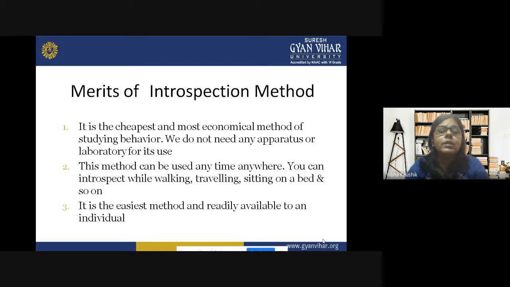It is the easiest method and readily available to an individual. It is the easiest way to study your own behavior, and it is readily available to any particular individual.